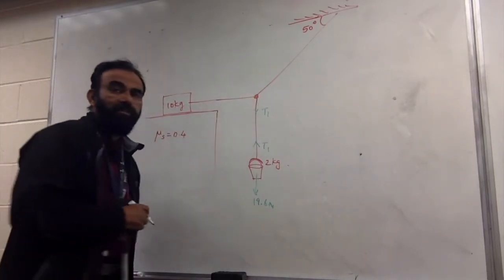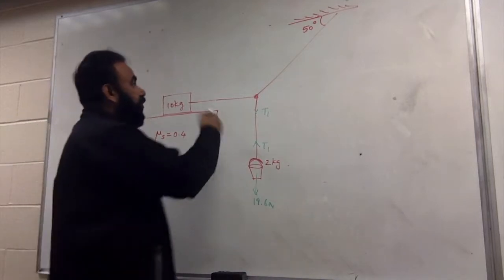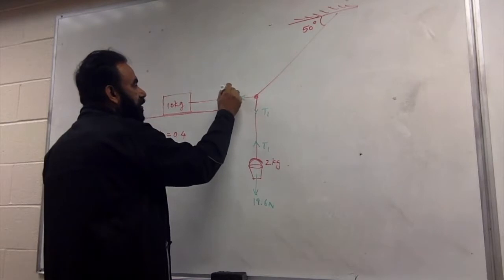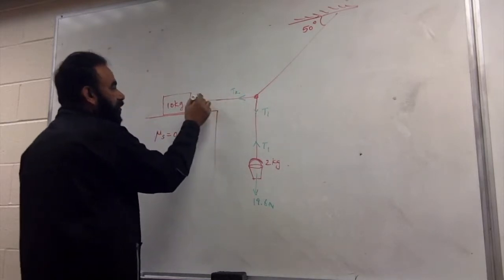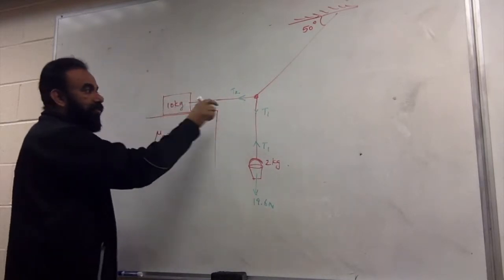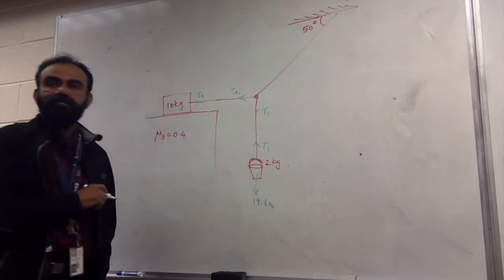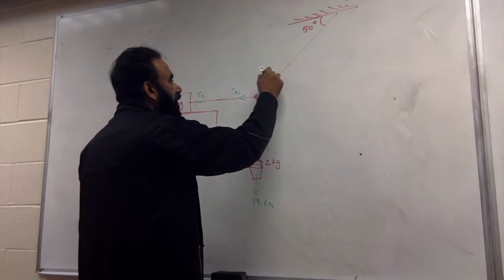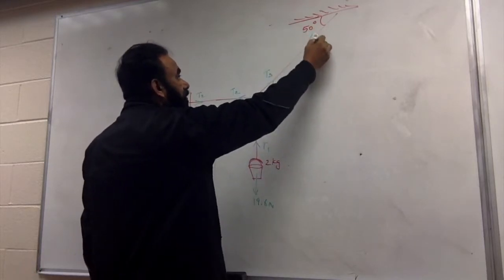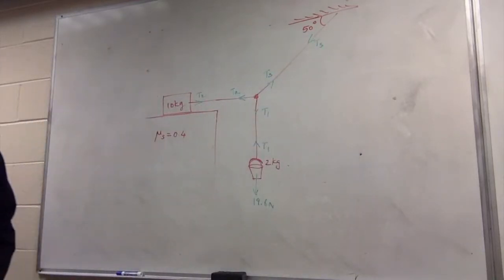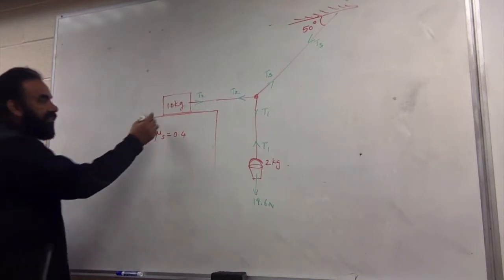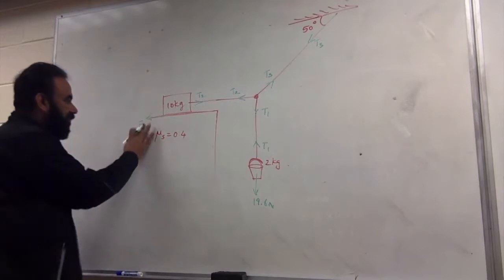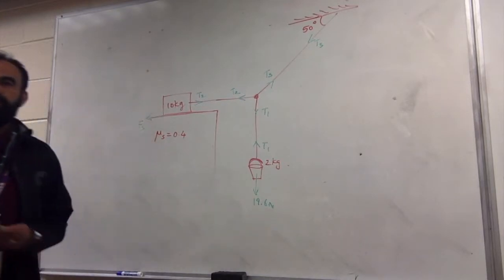What else is acting on this knot? Two other tensions. There is a tension pulling it this way, which is T2. And that T2 is the one which is trying to drag this block forward. And there is another tension here, T3, and T3 is from there also. So actually we have 3 unknowns. And of course there is a frictional force here.